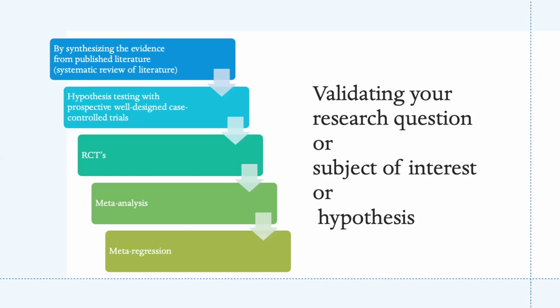So it's not just choosing your research subject which is important. At the end of your research, you should also be able to conclude and produce decent evidence and validate your research question, which is important simultaneously, rather than just reporting your own results. I hope this makes sense.